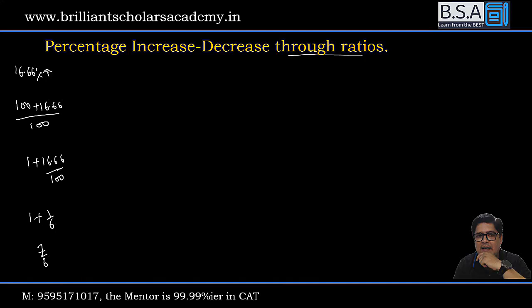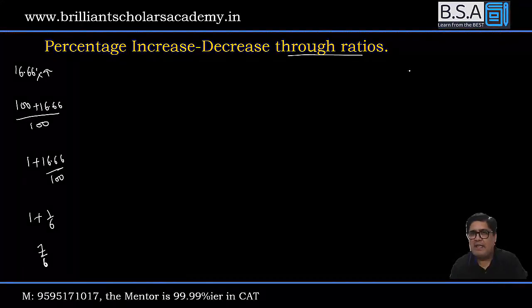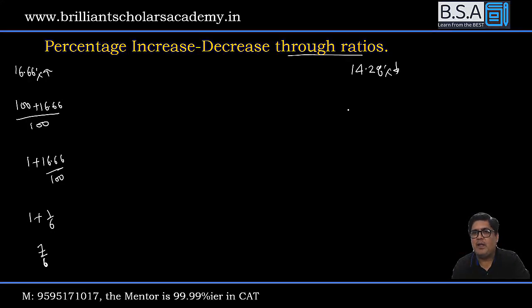Another example, different example. Let us say I want 14.28 percentage less. I want less. So I will write 100 minus 14.28 upon 100. 100 से कम decrease, 100 से ज़्यादा increase.